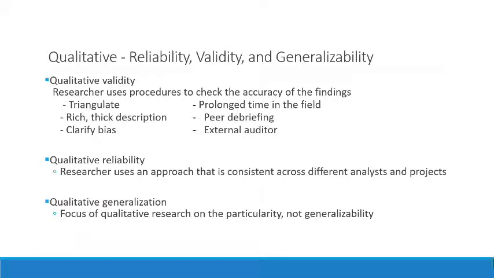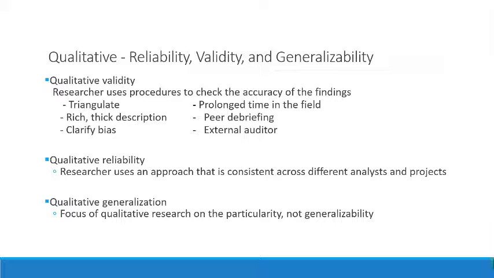A thorough description can help validate information, as can prolonged time in the field, leading to greater knowledge and understanding of the subject of the research. Clarifying one's biases, peer review, and external auditing are also tools available for validation. Reliability is achieved by using a consistent approach across projects and settings, making work more readily reproducible.